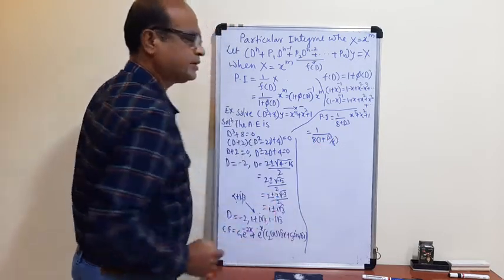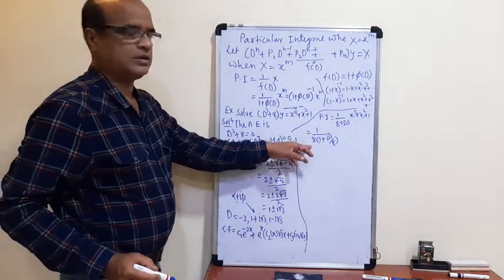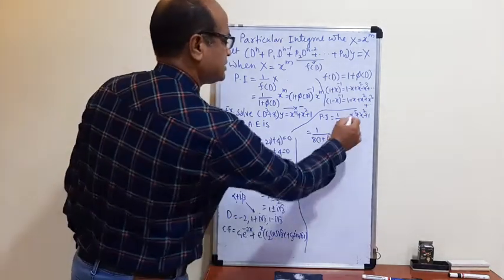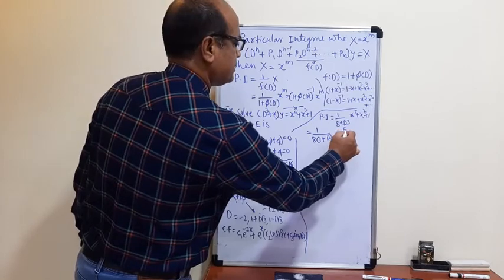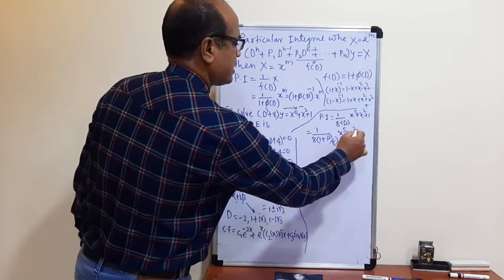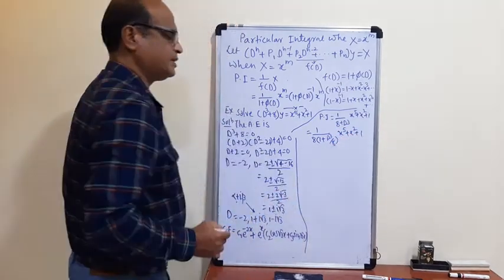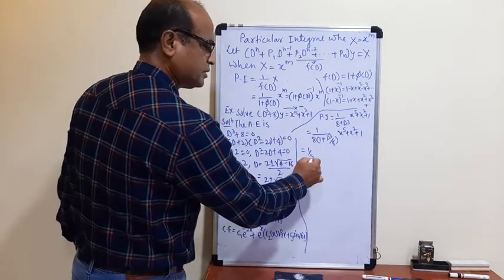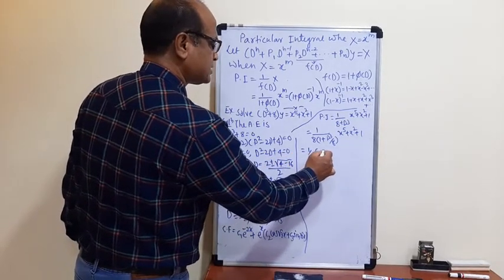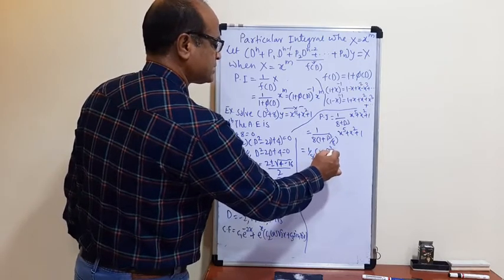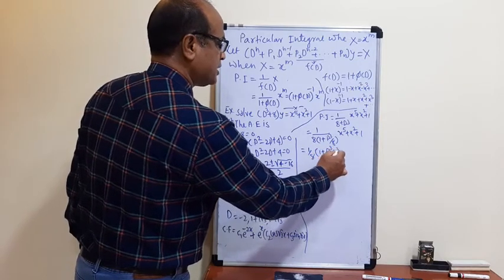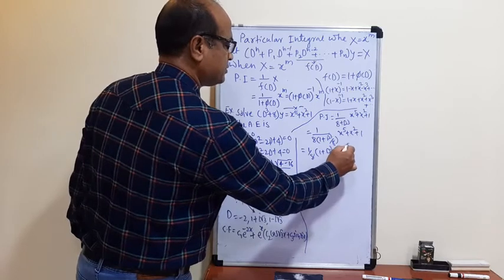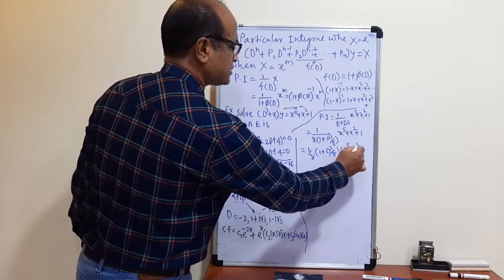We'll take 8 common. Okay, very simple. Therefore, 1 upon 8 into bracket 1 plus D cube upon 8, applied to x raised to 5 plus x square plus 1.